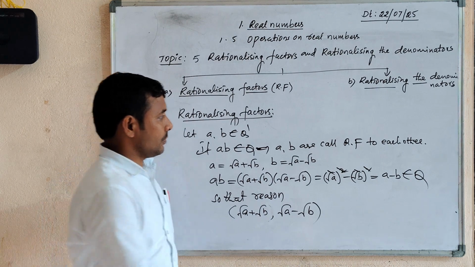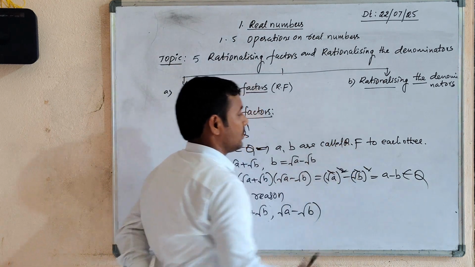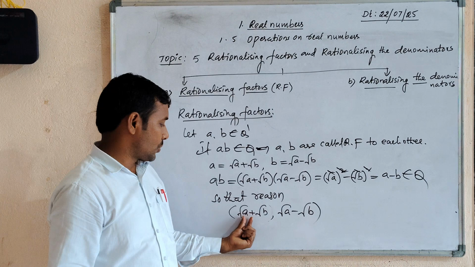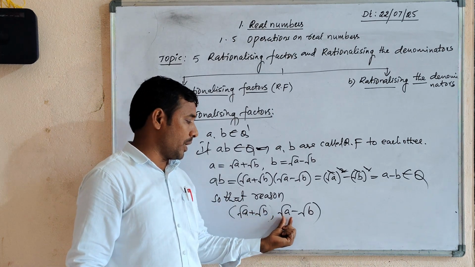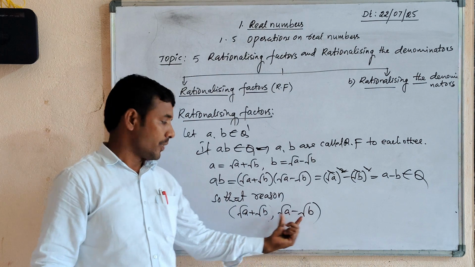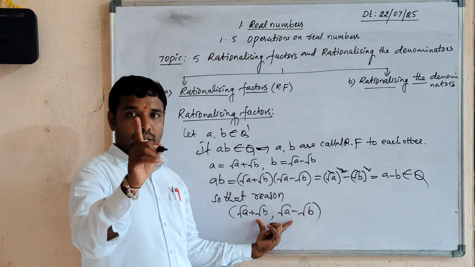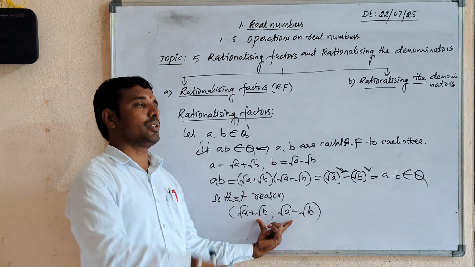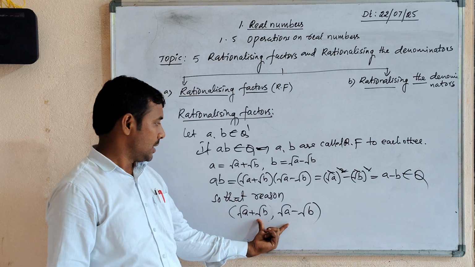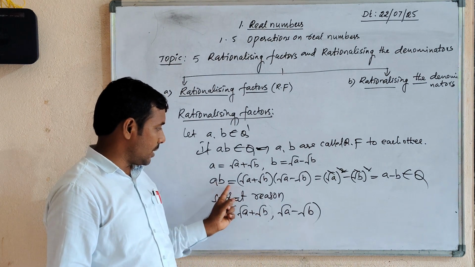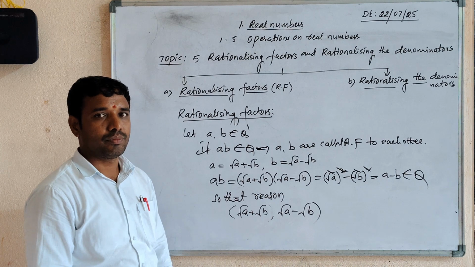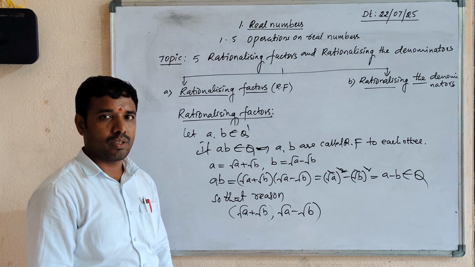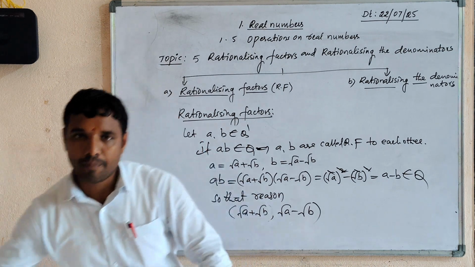I think you understood. Why? Because their product, that is ab, we got as rational. Understood?